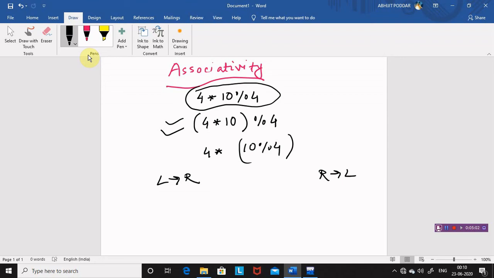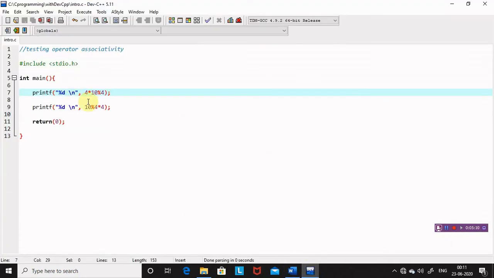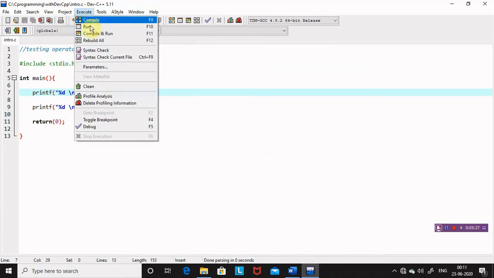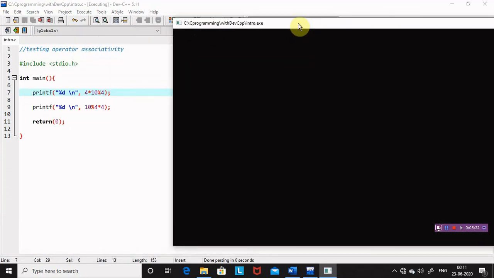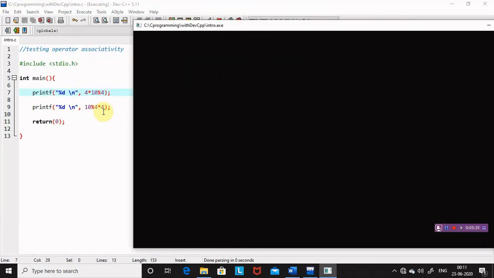To test this, we might as well take the help of a program, simple program, where you see I have printed the values of 4 into 10 modulo 4 as well as 10 modulo 4 into 4. So if you execute this program, so let's do it, we compile and run this program and see for ourselves that the result is different.